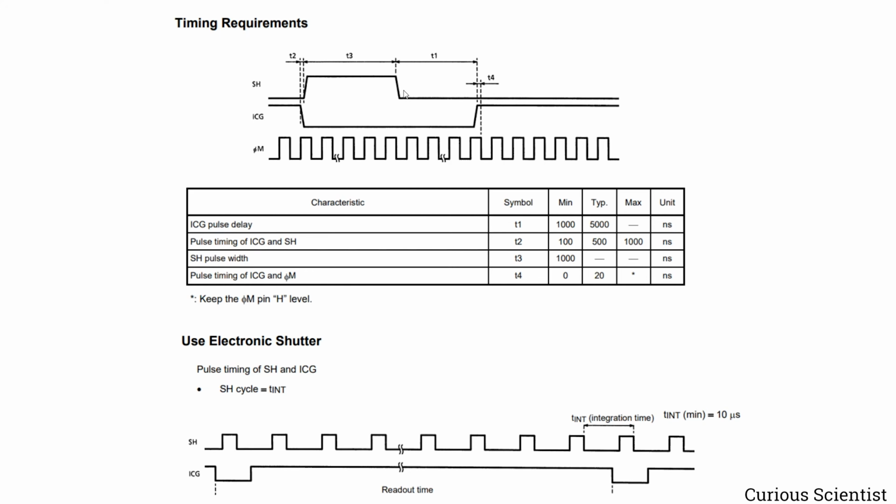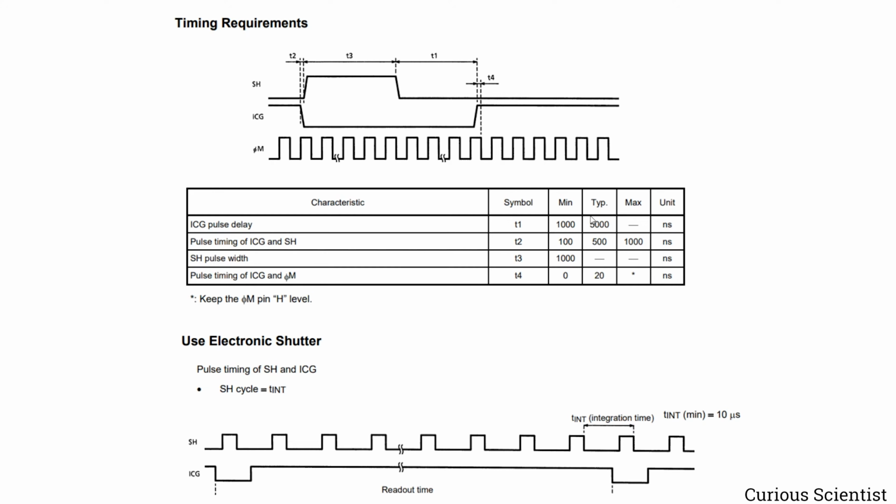It doesn't really matter what you choose above 1 microsecond and below the length of the ICG being low. I picked 4 microseconds because this length is actually much higher.